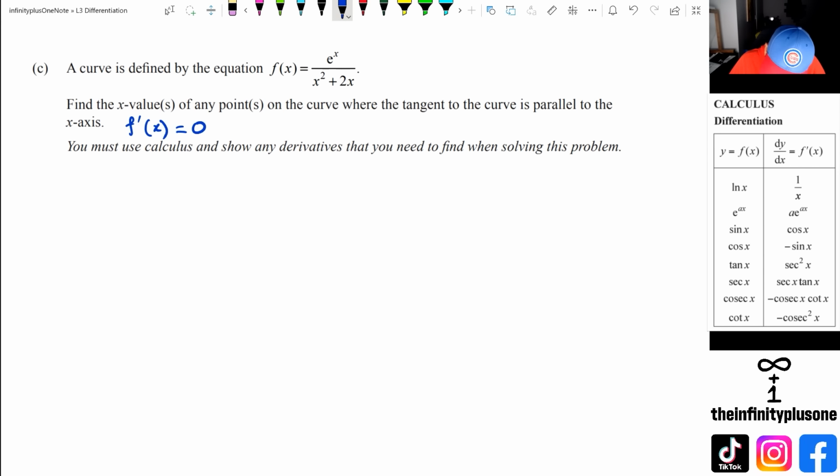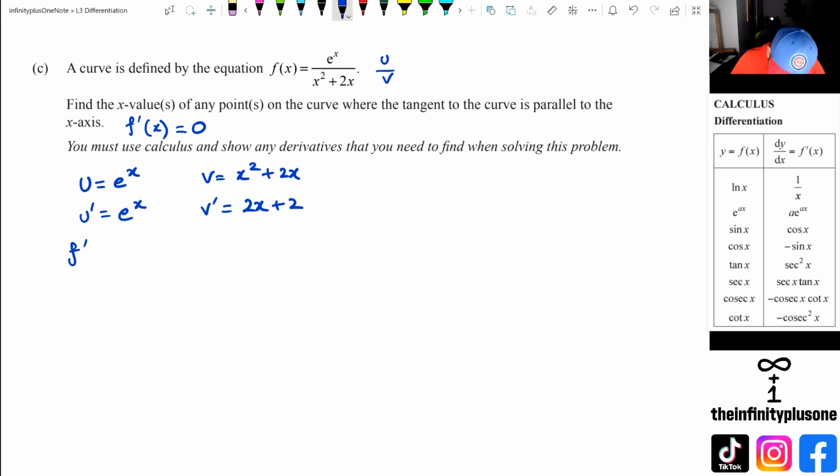So we've got quotient rule here, because u equals e to the power of x, which means u dash is equal to just e to the power of x. v is equal to x squared plus 2x. v dash equals 2x plus 2.